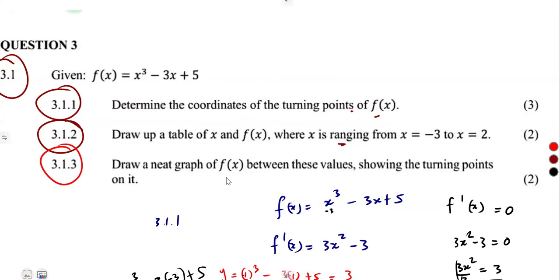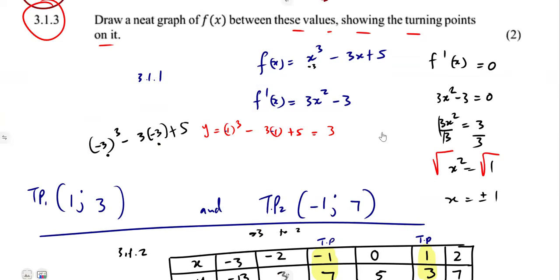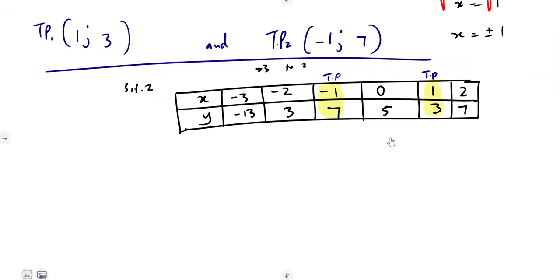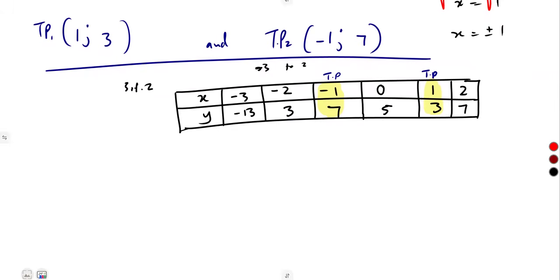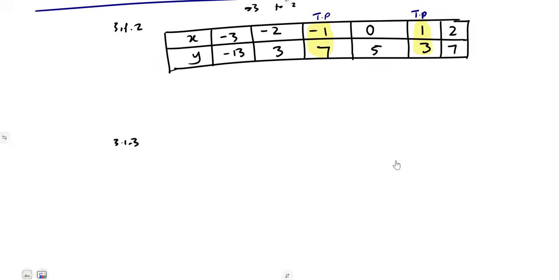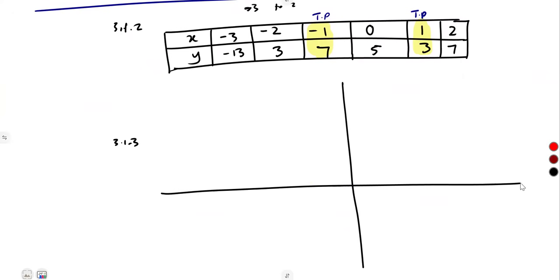Then draw a neat graph of f of x between these values, showing the turning points on it. So I'm just going to have a sketch. We have the points already. So that's 3.1.3. We're going to need the graph. We've got negative values here. I'm just going to put a sketch, guys.